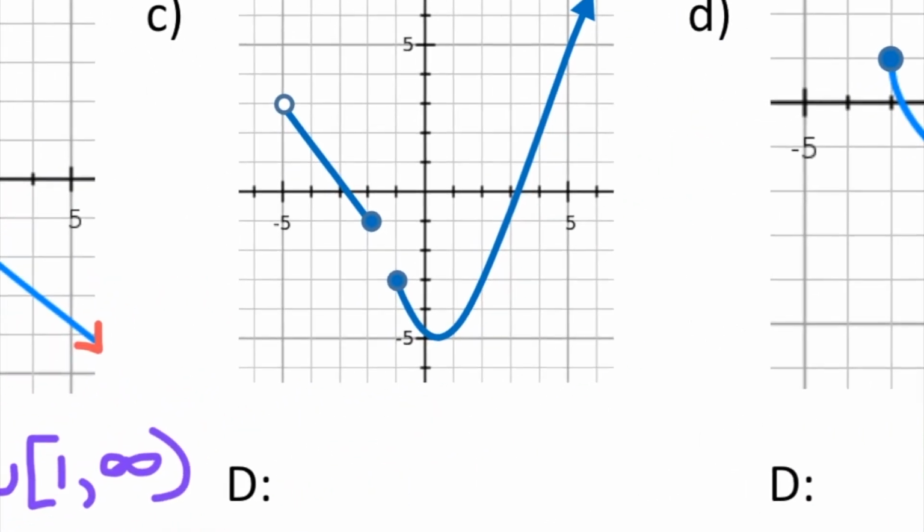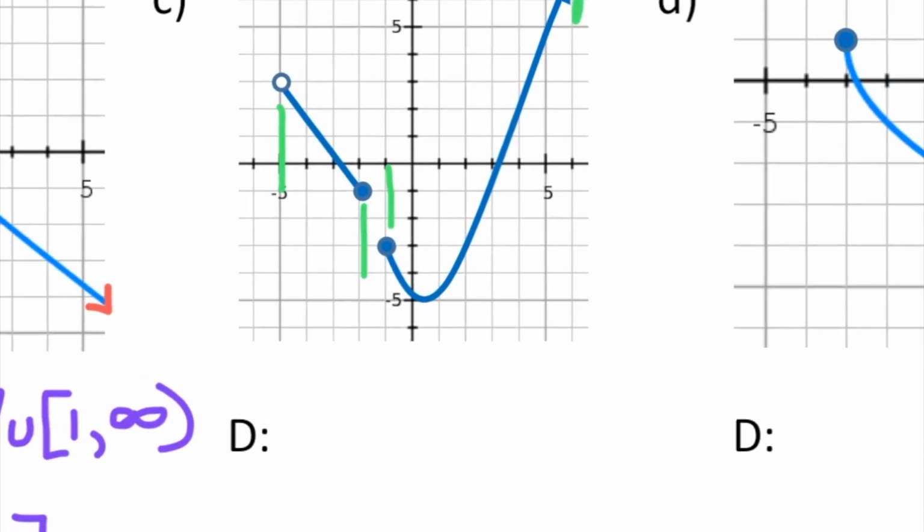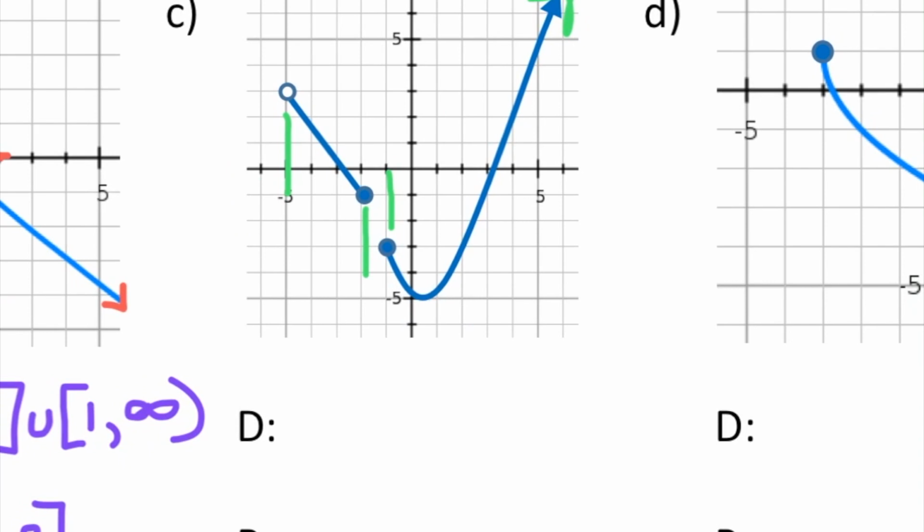In letter C, as I follow the x values from here to here, there's some space there, and it goes forever to the right. My domain is therefore going to have two different sections. I'll start with the section over here, and that goes from negative 5 to negative 2.